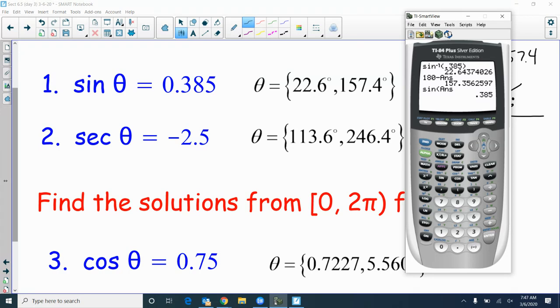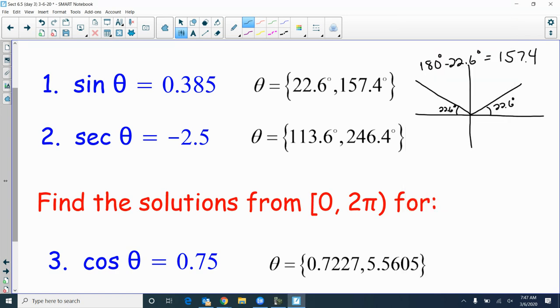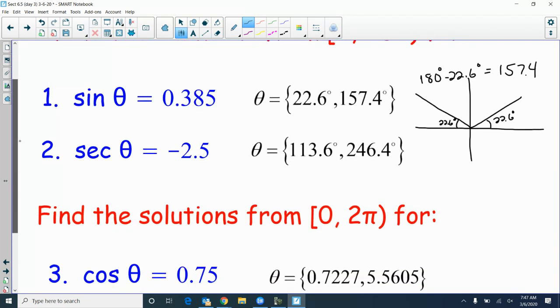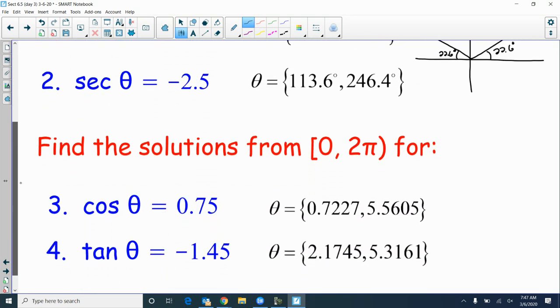One of them you get with an inverse sine, which automatically gives us one, but we have to find the second one. Remember, when we did inverse functions, we restricted the values that can come back. But here I'm required to give the interval from 0 to 360. Other questions on here?